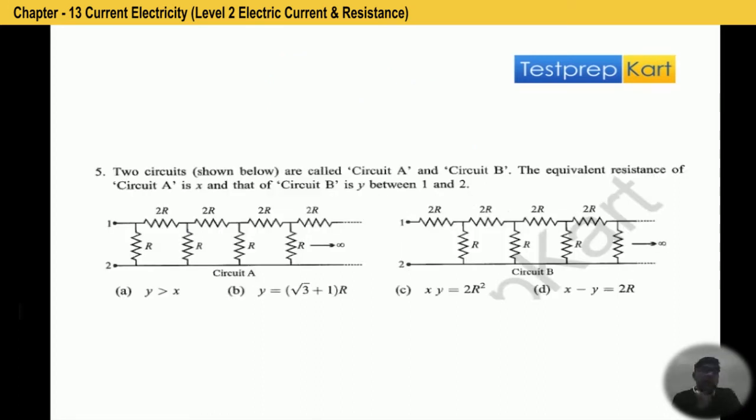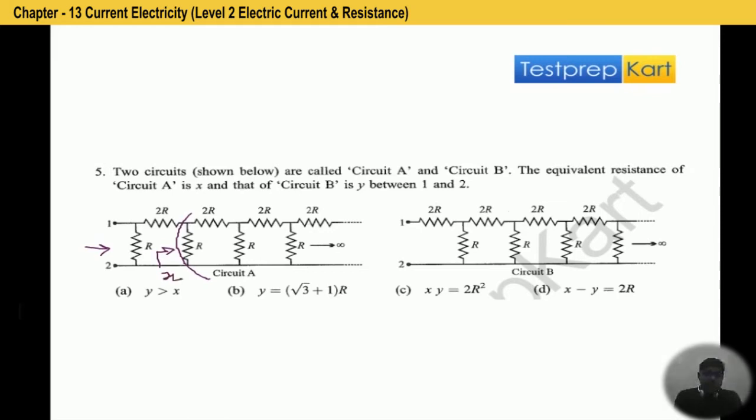Okay. Now, two circuits are called circuit A and circuit B. The equivalent resistance of circuit A is X and circuit B is Y. So here we can see this is an infinite combination of resistances. In an infinite combination, it doesn't matter from which point we are looking, we'll get a similar equivalent resistance.